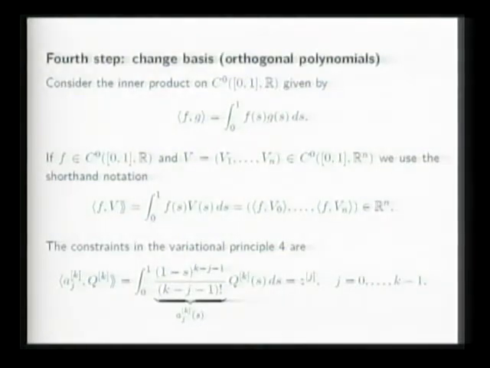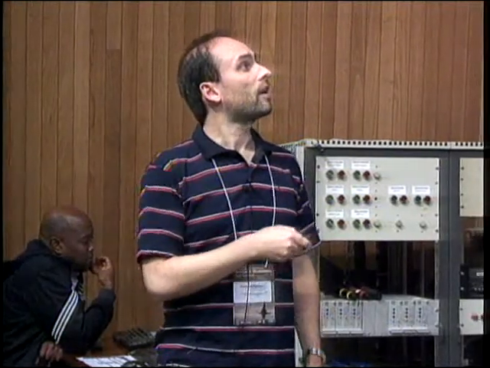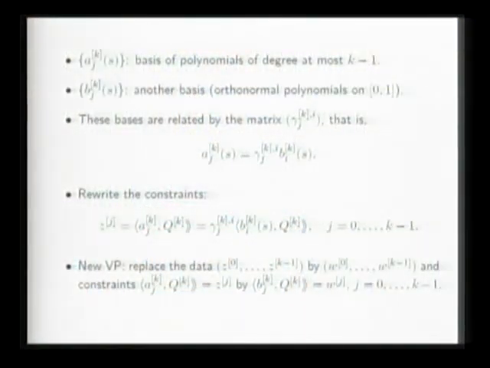When you have j equal to 0, you get k minus 1 there, and then the degree goes down to 0. What you do is take another basis of this same space of polynomials, which are the orthonormal polynomials on the interval 0, 1. They are related by some constant invertible matrix, which relates the original polynomials with the orthonormal ones. And we can rewrite the constraints. The original constraints were this expression here, z equal to aj qk.